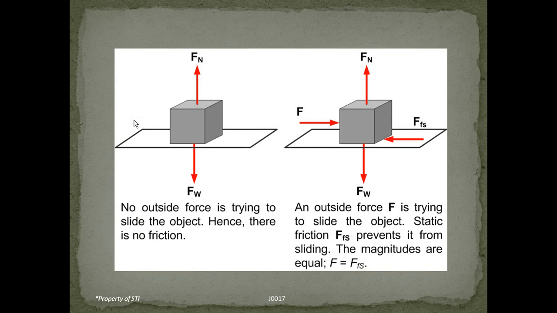Now, friction exists between surfaces regardless of whether the objects are moving relative to each other or not. As I mentioned a while ago, static friction exists between two objects that are in contact with each other, but there is no relative motion in between. For example, in our illustration here, you have a block on the surface of a plane.